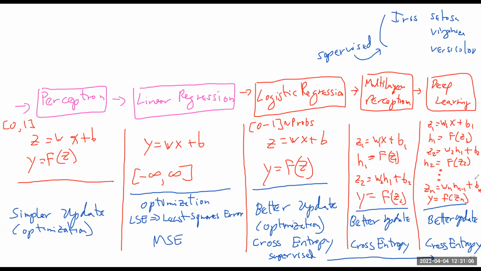Do you see that? That's the generalization of a deep neural network. And in between, you can have as many layers as you want.